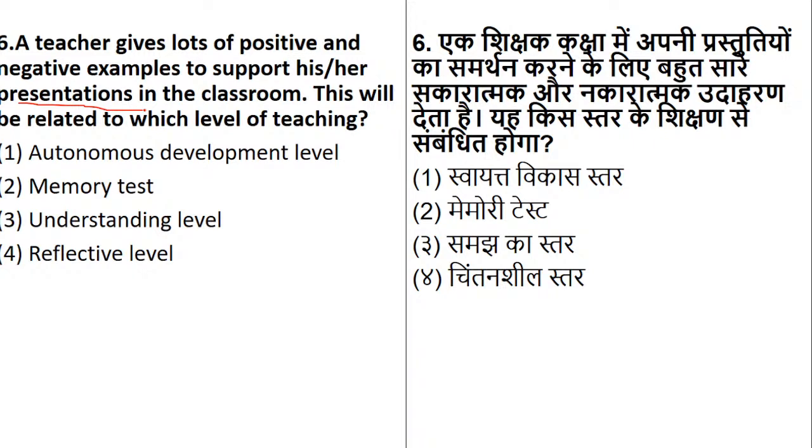This type of teaching will be related to which level: autonomous development level, memory level, understanding level, or reflective level? They have used the words memory test, but it's one and the same. So which level supports the given statement?